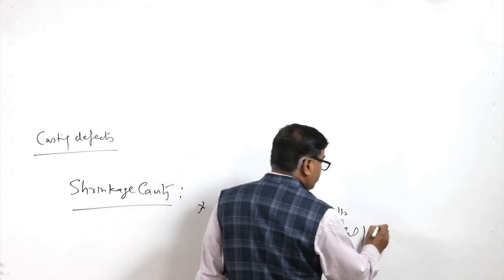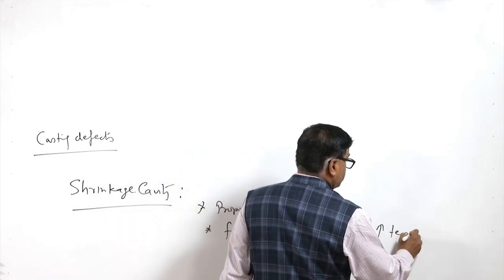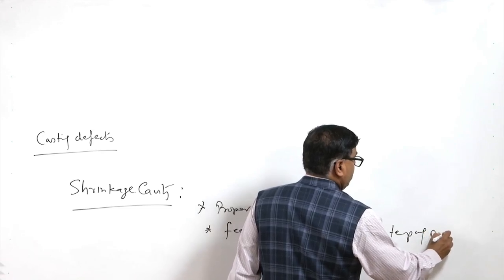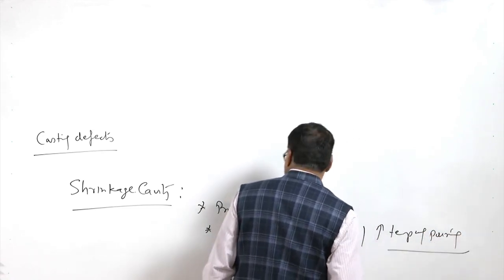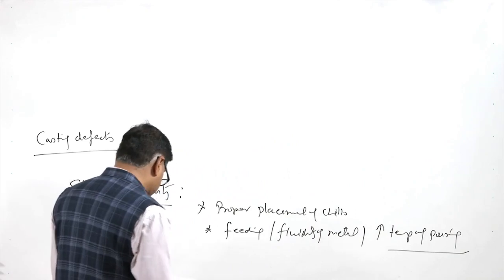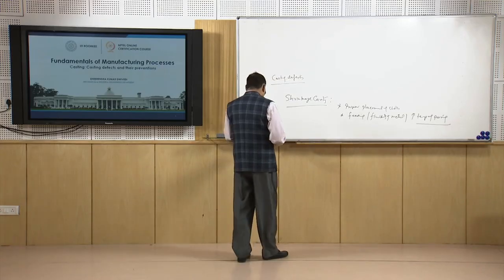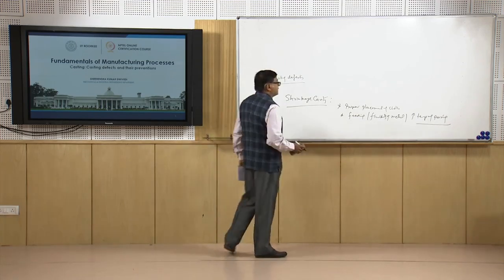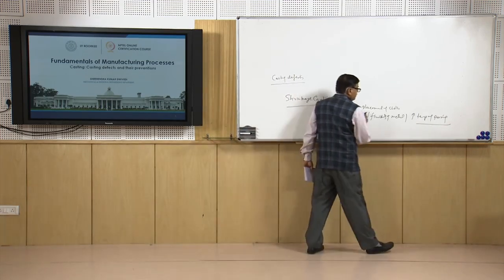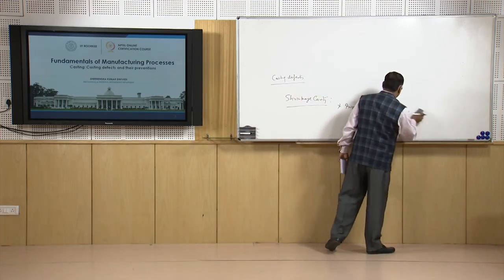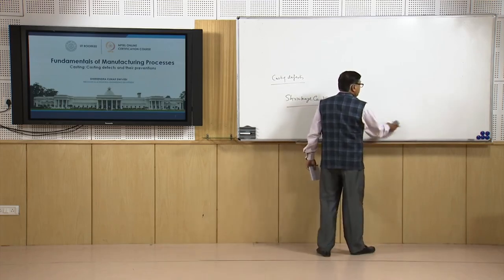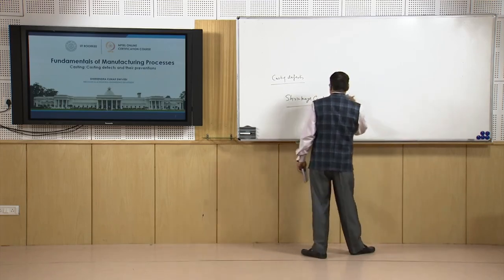For this purpose, we can increase the temperature of the pouring metal. The metal temperature at which molten metal is poured into the casting can be increased, and the risering can also be designed and placed suitably, so that the shrinkage can be taken care of by the riser effectively.